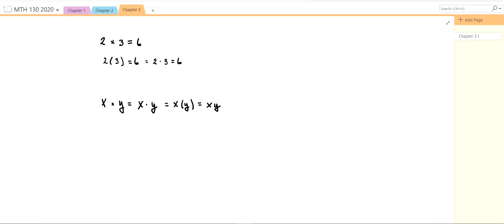So we might have 15 x times y. So I have a constant here times x times y. So that's the same thing as 15 times x times y, like above. And we might get even more complicated. We might go 15 x squared y cubed, so on and so forth.